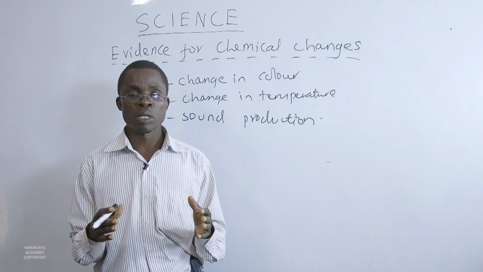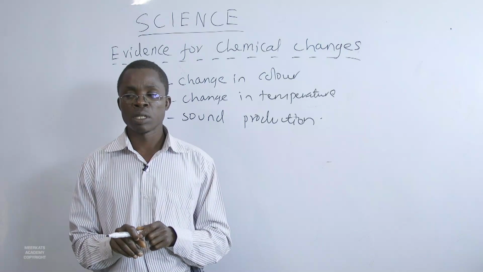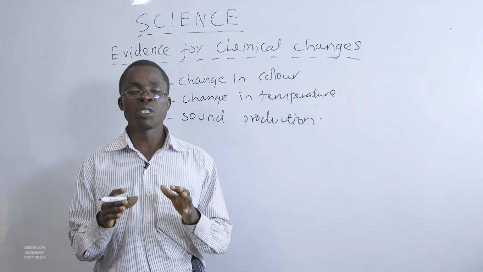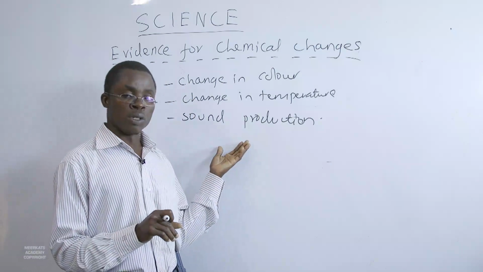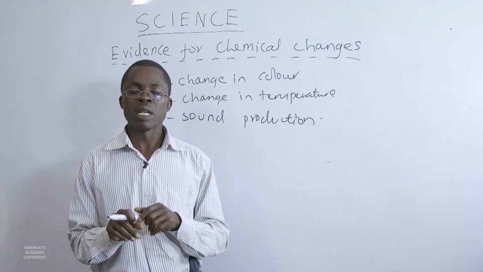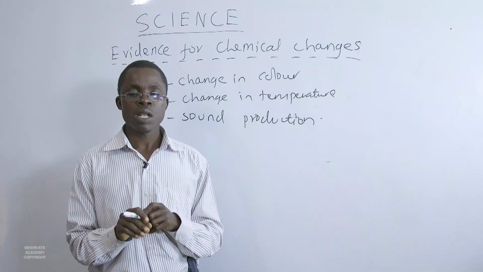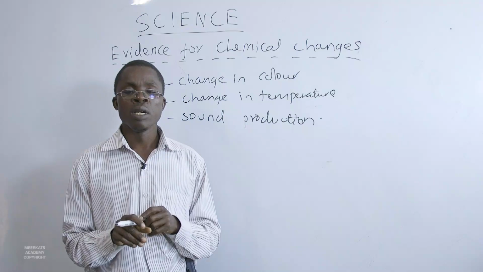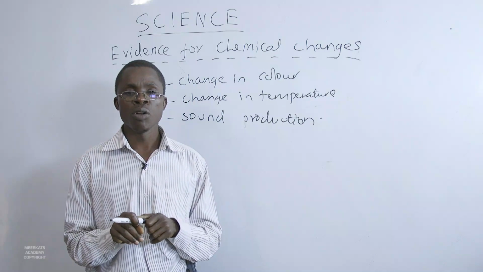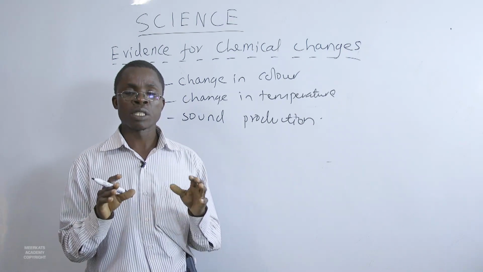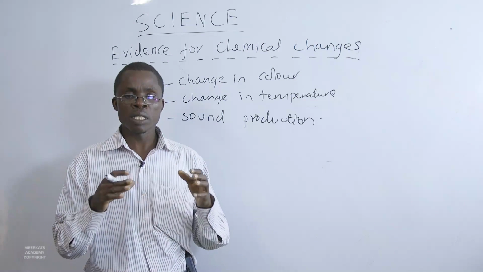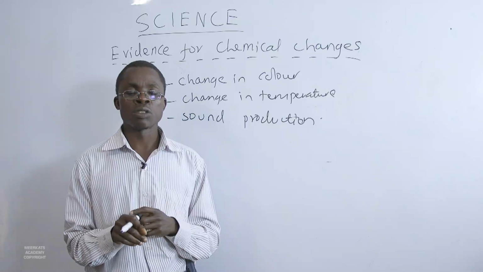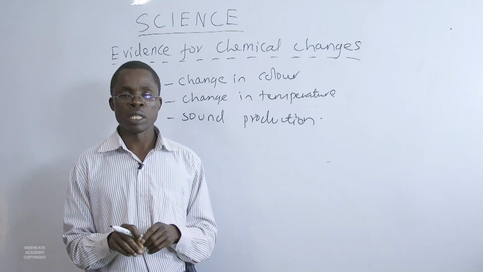You cannot see sound, but you can observe sound. So when you observe sound being produced in a reaction, then it can easily tell you that that reaction is a chemical reaction, because for the sound to be produced, a change must have taken place. And if a change has taken place, then the change is automatically a chemical change.